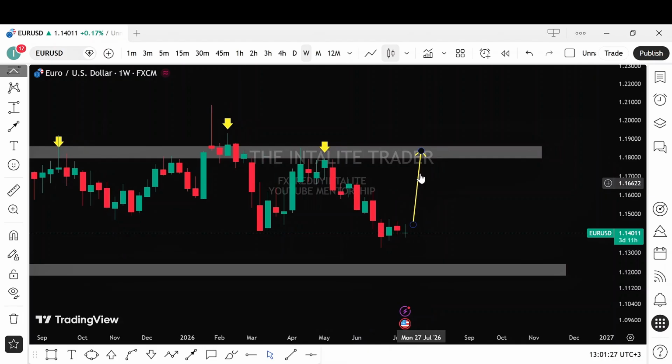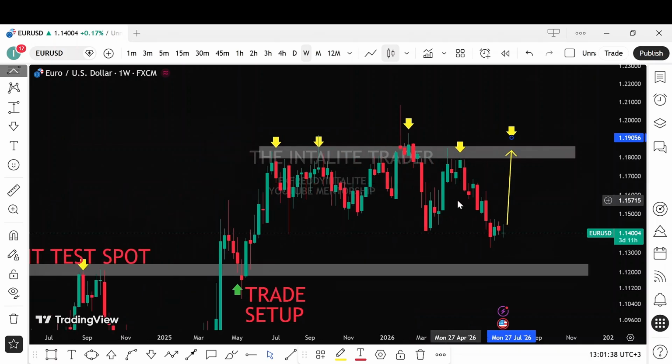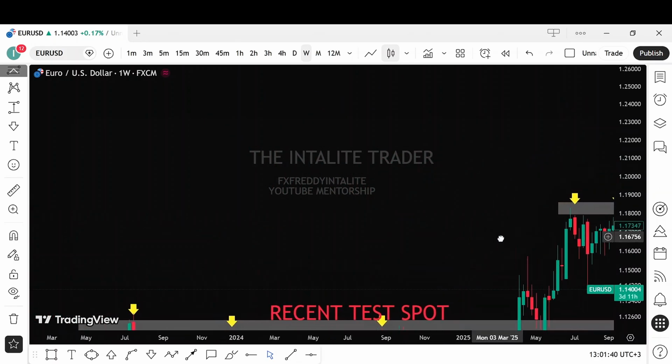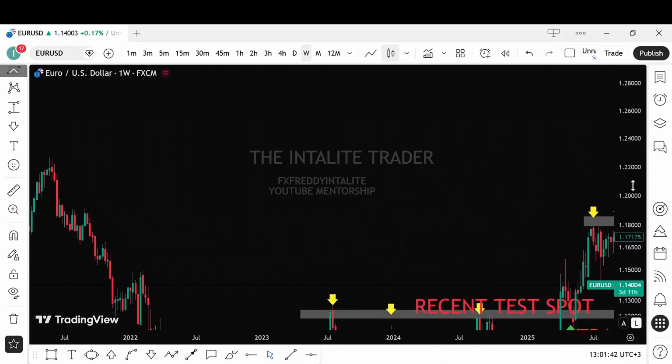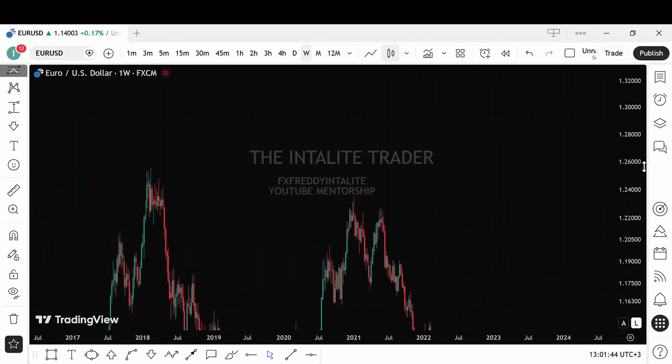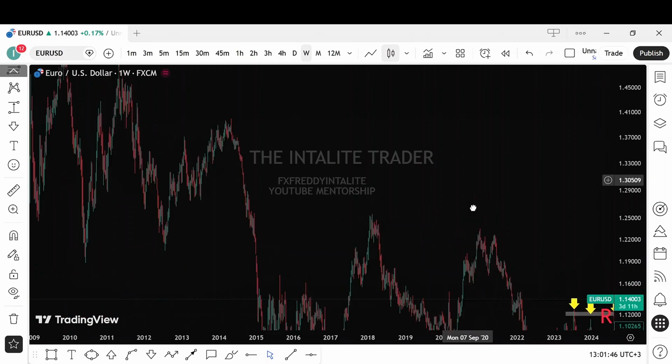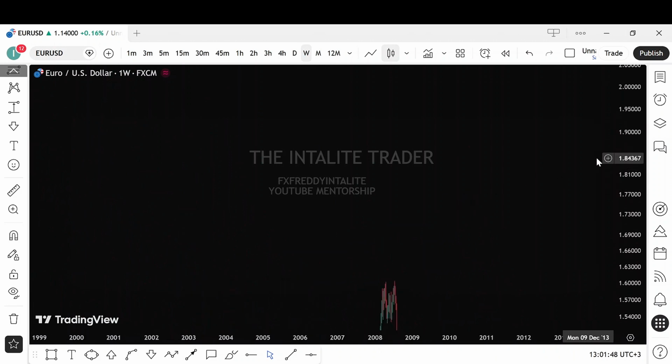So when price comes into this same level, you look for possible short opportunities as long as the market presents them to you. So that's how we use the recent respected test to come up with a key level as one of the qualities.